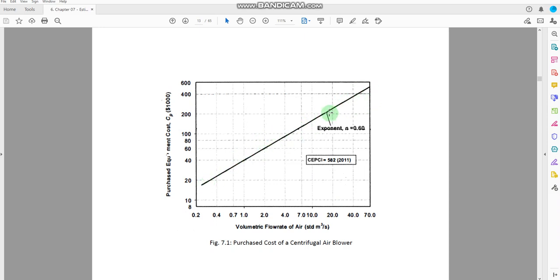You would simply take the slope of this line. You would take the difference on the y-axis and the difference on the x-axis. So log of cost on the left hand side, and log of the capacity in the denominator. That's how you will get the value for the slope of this line.